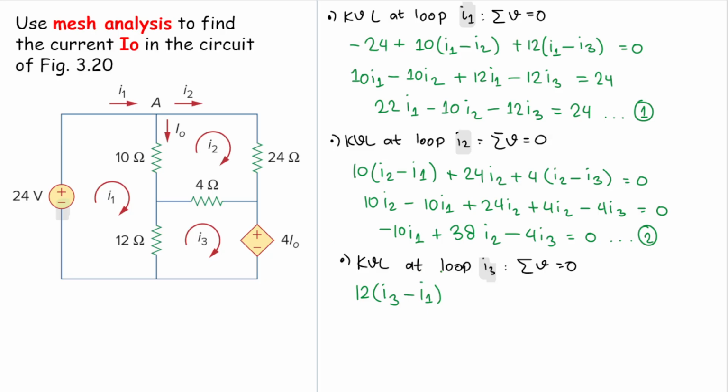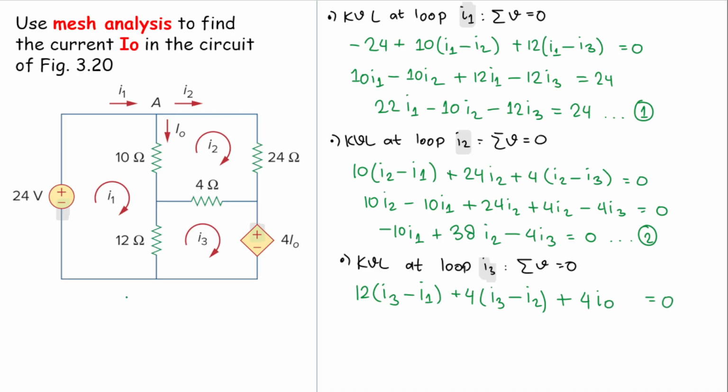Then let's move on to this 4 ohm. So I will have 4 multiplied by I3, I3 always comes first, but here I2 is flowing in the opposite direction. So I have minus I2. And then here we have another voltage source, a dependent one, but that is the same. The loop is entering from the positive terminal, so I will have a positive sign, and I will have I0. And all of that will equal 0.